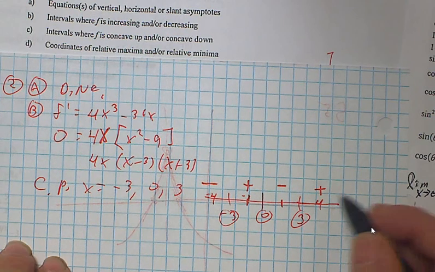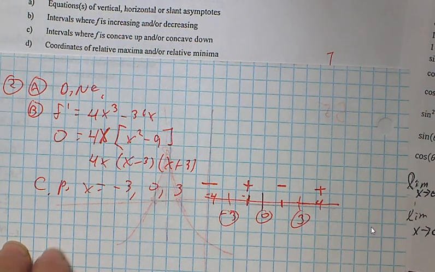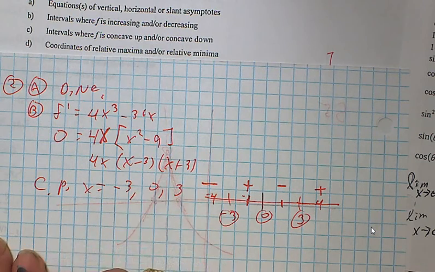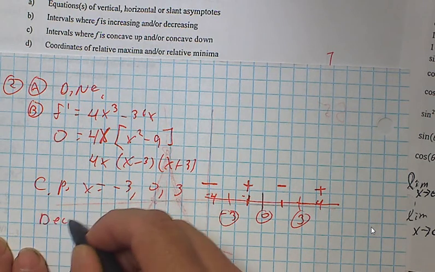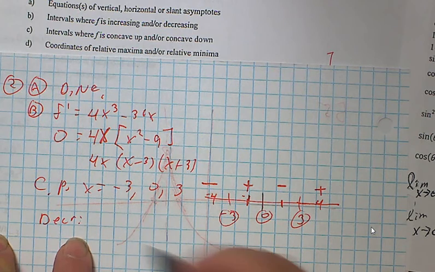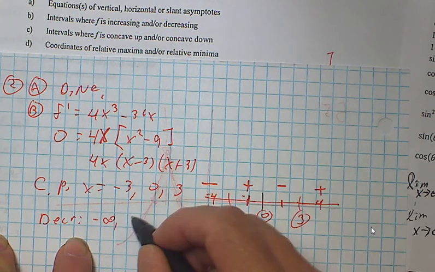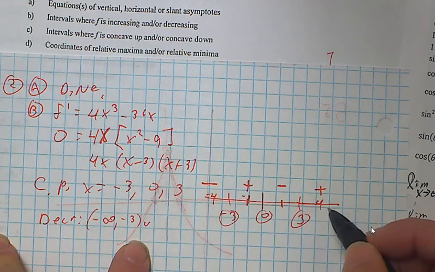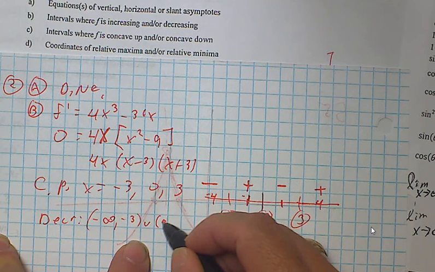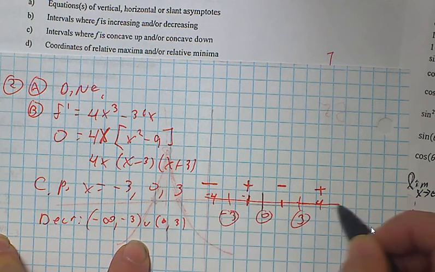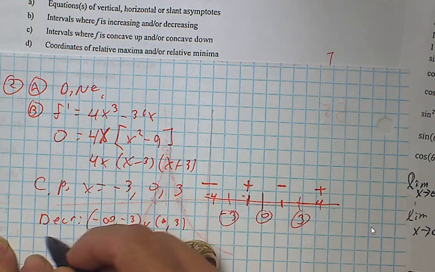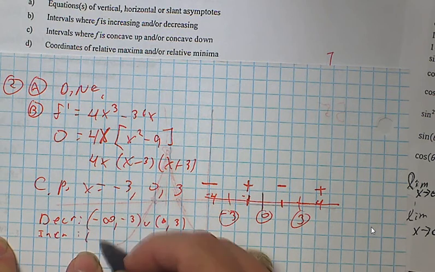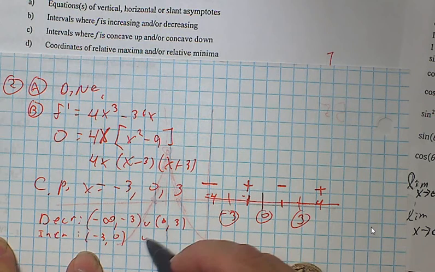So this graph is decreasing from -infinity to -3, and from 0 to +3. This graph is increasing from -3 to 0, and from 3 to infinity.